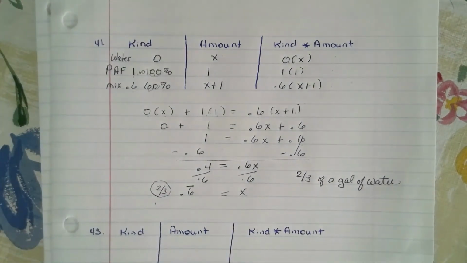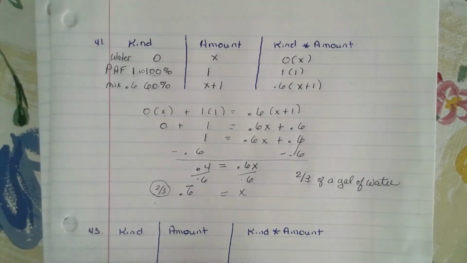All right. Let's go down then to number 43. This one is about salt, and we're going to take some water out because we're going to evaporate water. So how much water must be evaporated from 32 ounces of a 4% solution to make a 6% solution?